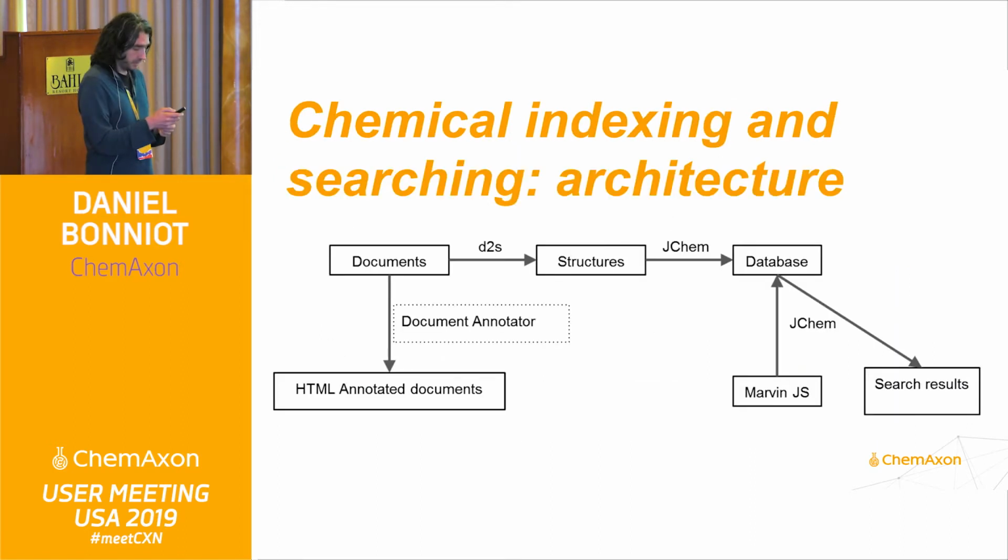And so generally, on the left side, these are the tools that I mentioned in the beginning. What's new on this picture is, if you did that, what else can you do with it? And so one of the obvious things is that once you have the structures, you can put them in a JChem database. And once you have that, then you can use, for instance, Marvin.js to draw a query, get hits from the database, and then you can visualize the results.